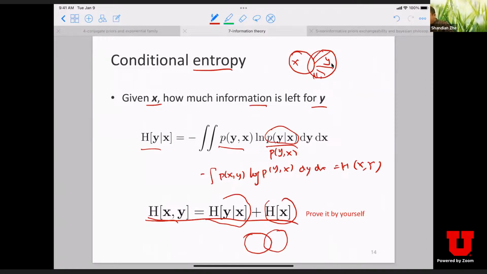The joint entropy of x and y would be the area that both x and y cover. Suppose this is x, this is y. It decomposes as the area of x, which is H of x, plus the remaining area of y, which is the conditional entropy. Okay? So now I want to ask you to prove it by yourself, just leveraging the definition.